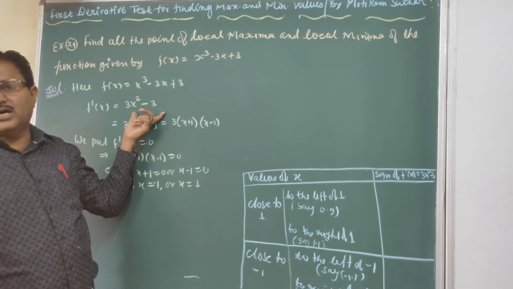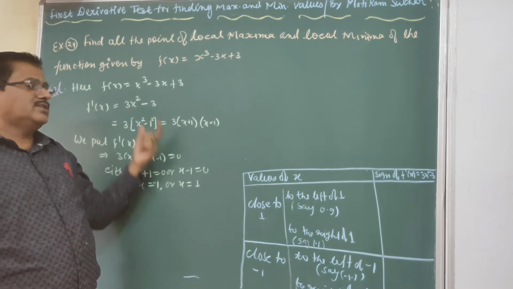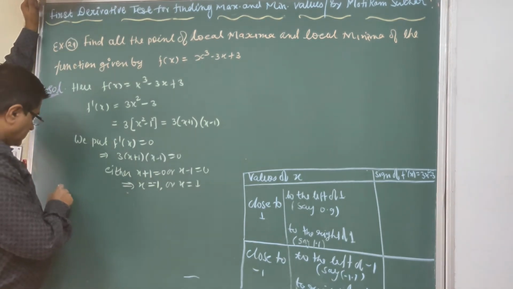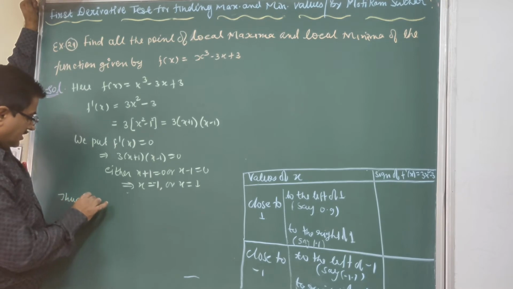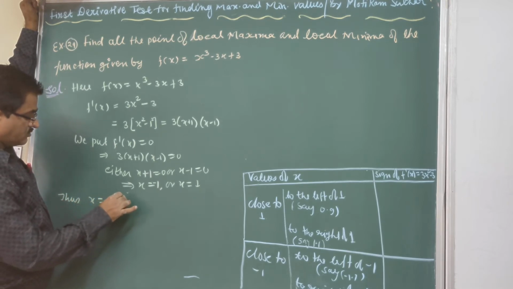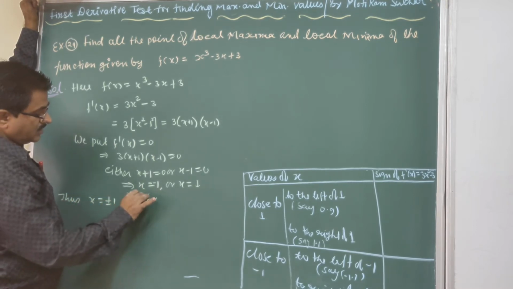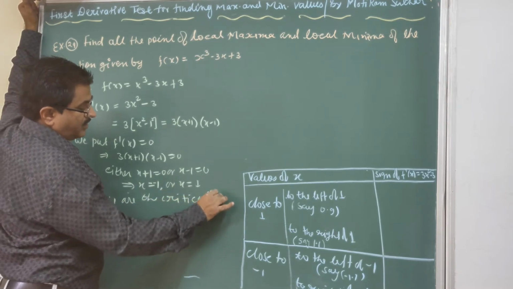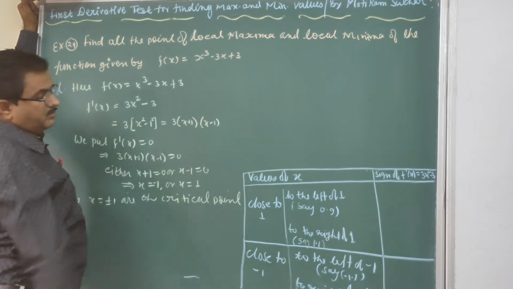So we get 2 points, at minus 1 and plus 1, where the derivative is 0. And we have already discussed that the point at which the derivative is 0 is known as a critical point. So you can say here, thus x equal to plus minus 1 are the critical points. First of all you have to find the critical points.